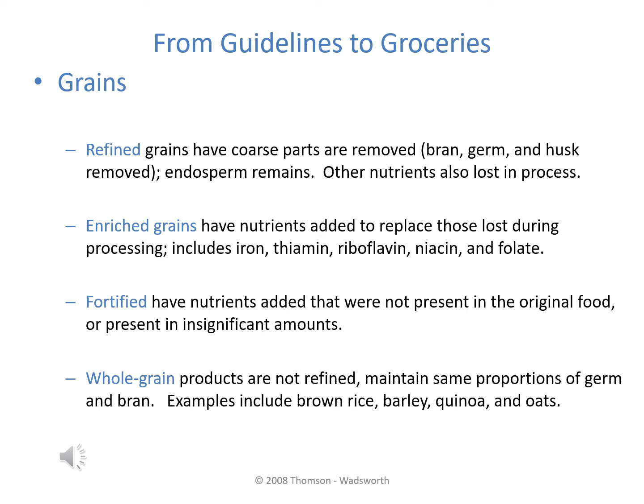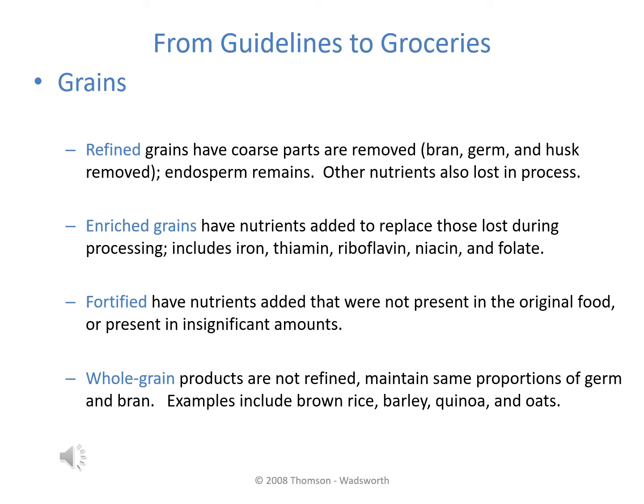The next category are the enriched grains, and these are the ones that have already been refined, but by regulation have to have certain nutrients added back. Those nutrients include thiamine, riboflavin, folate, iron, and niacin. Then we have the term fortified. Fortified foods, or more specifically fortified grains that we're talking about, have nutrients added that weren't present in the original food.